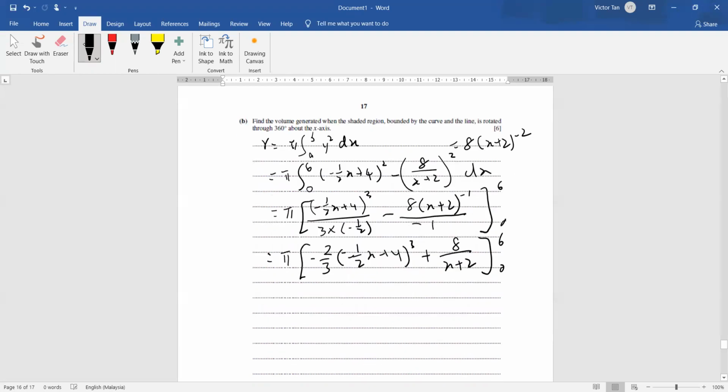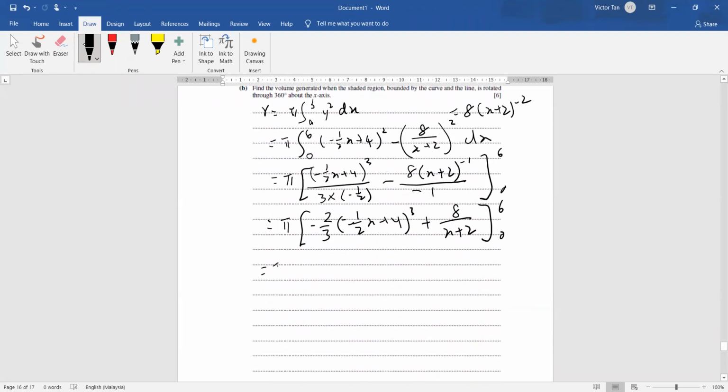From 0 to 6. Now let's substitute 6 first. Minus 2 over 3, minus half times 6 is minus 3, 3 plus 4 is 1, plus 8 over (6 plus 2), which is 1. Minus, substituting 0: minus 2 over 3 times 4 cubed, plus 8 over 2, which is 4.